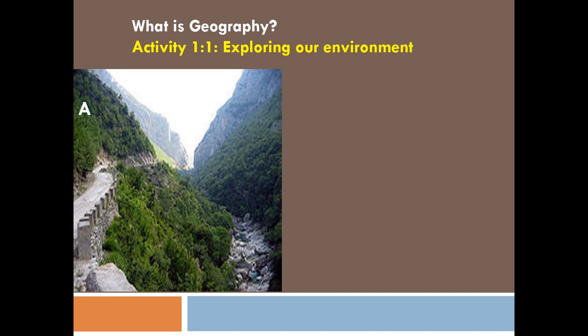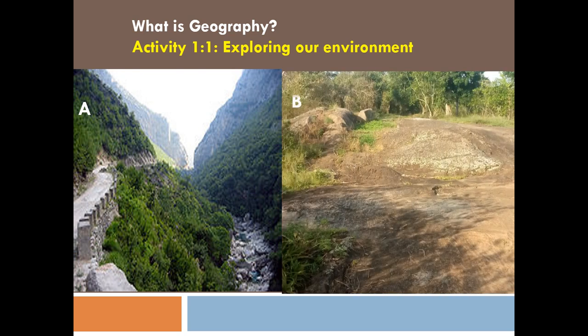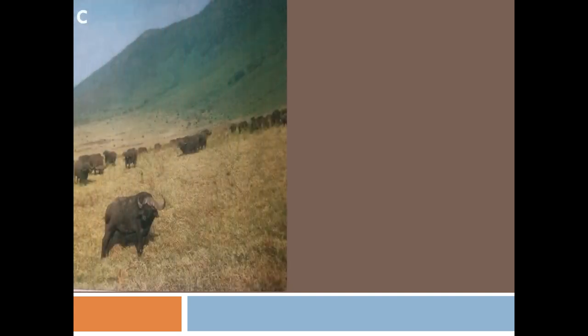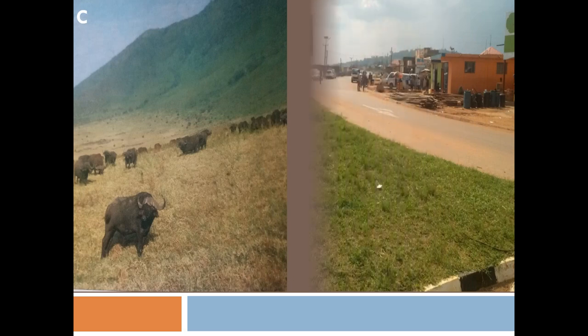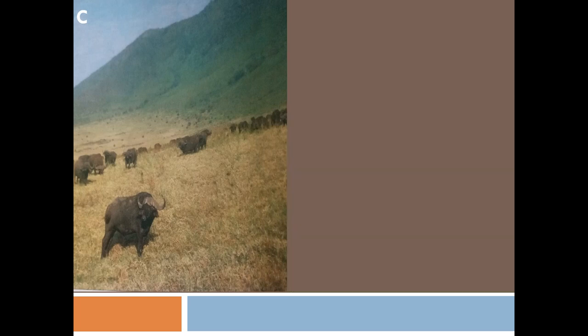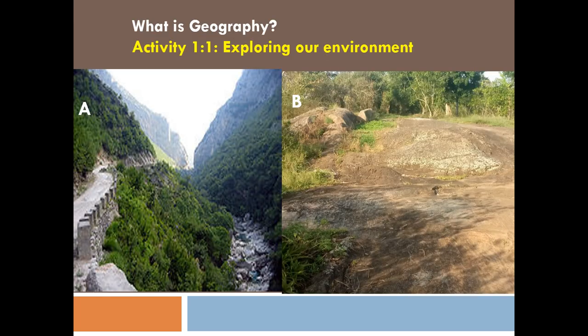We have photograph A, we have photograph B, we have photograph C, and then photograph D. These are familiar photographs that were taken from our local environments.